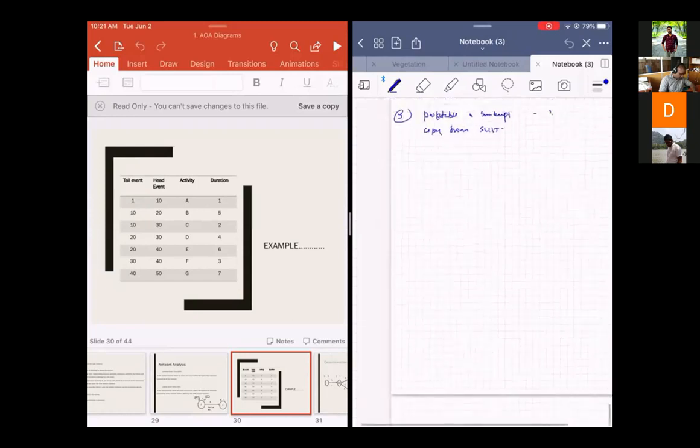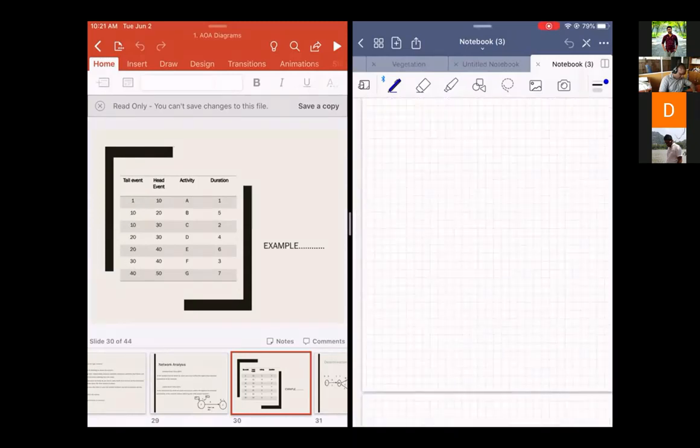Now, this is the example. 1 to 10. We have 1, we have 10. A, duration is 1.